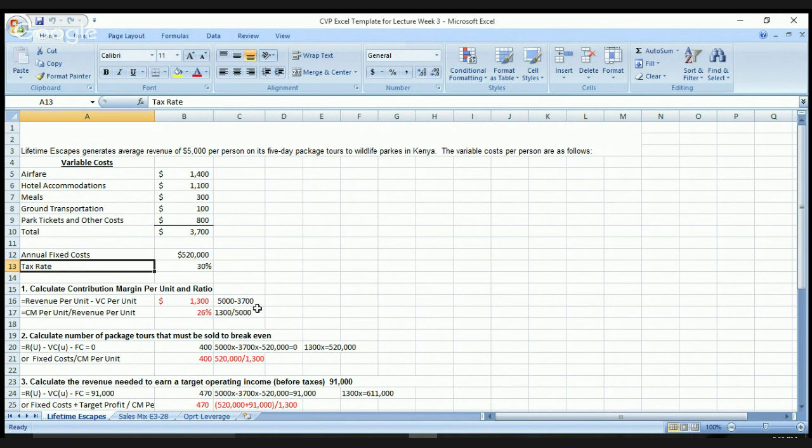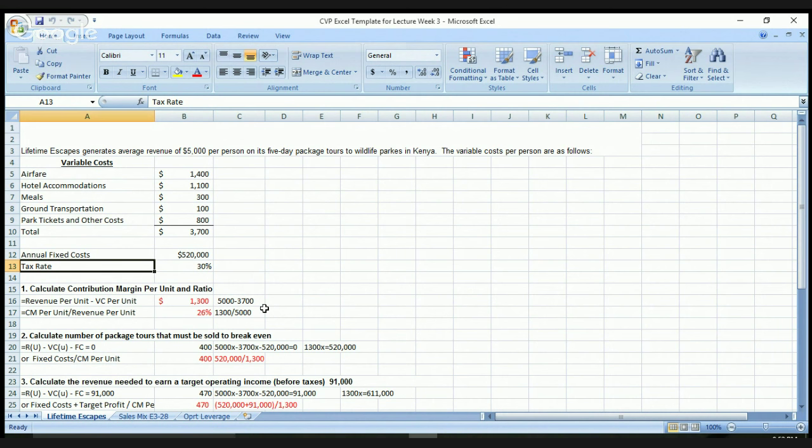Now I take that 1,300 and divide it by the amount of revenue I bring in. So 1,300 divided by 5,000 gets me 26%. So basically what that means is 26 cents of every single dollar goes towards my contribution margin. So 26% of my revenues is going to be my contribution margin.